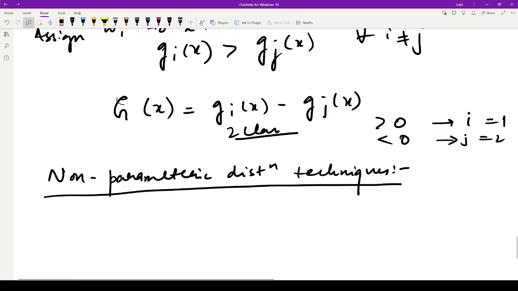Okay, so then we come to non-parametric estimation. So what people have done in non-parametric estimation is... yes, someone pinged me. Okay, so what do you think is done in non-parametric estimation?